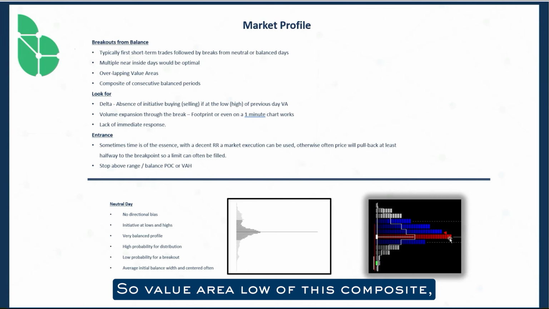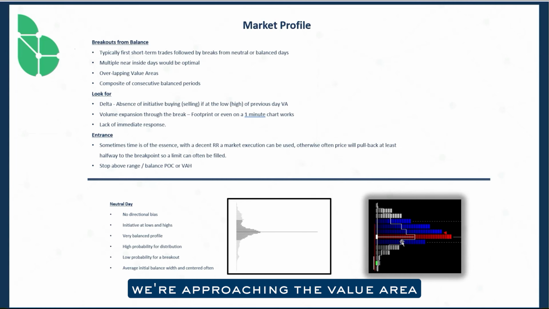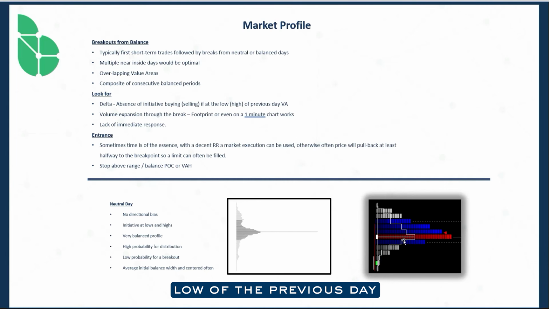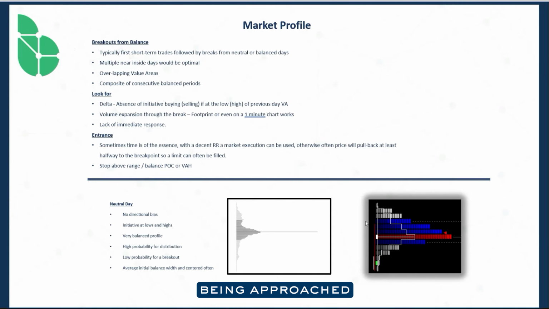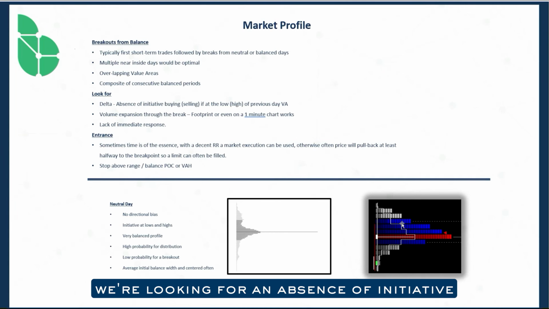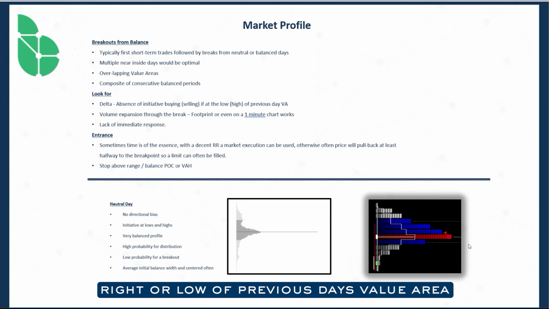So the value area low of this composite, or if it's an intraday trade and we're just taking a short-term scalp, we're approaching the value area low of the previous day. So what we're looking for is an absence of initiative buying, okay, at the low, or in the case of the highs being approached, we're looking for an absence of initiative selling at the high, okay, high of previous day's value area, right, or low of previous day's value area.